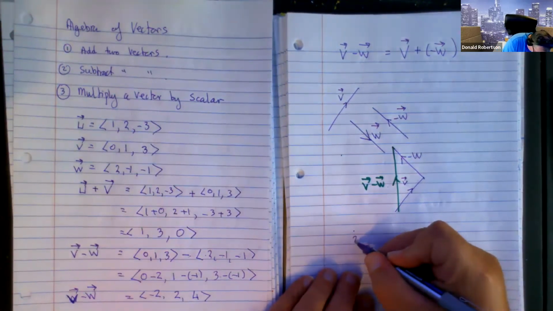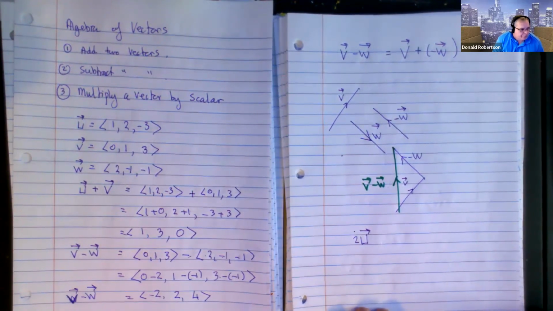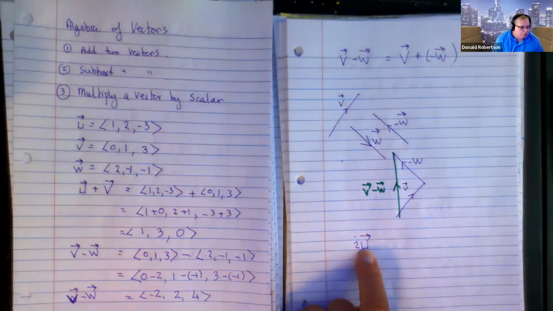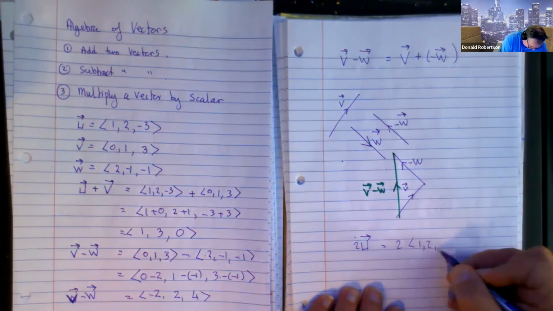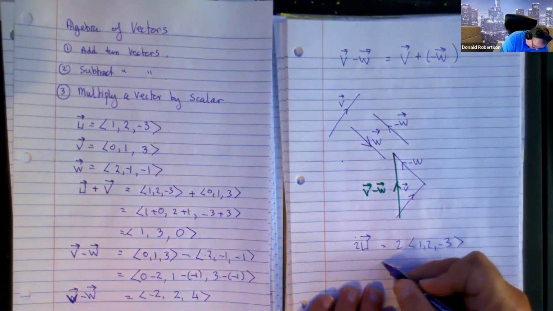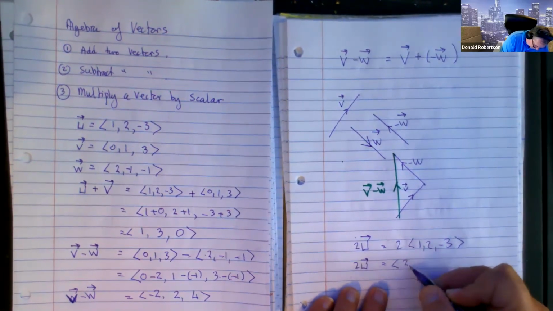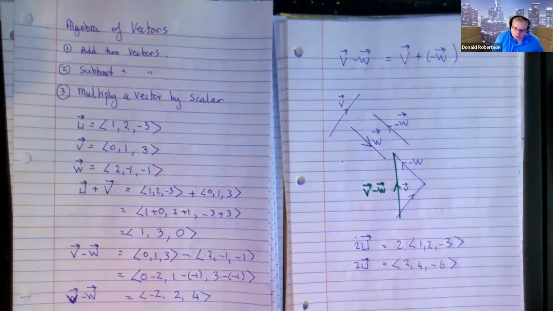Suppose I asked you to find 2U. The calculation is to find the vector 2U. That's a scalar multiple. It'd be 2 times that vector, and so the vector 2U would be 2, 4, negative 6. What would that look like?